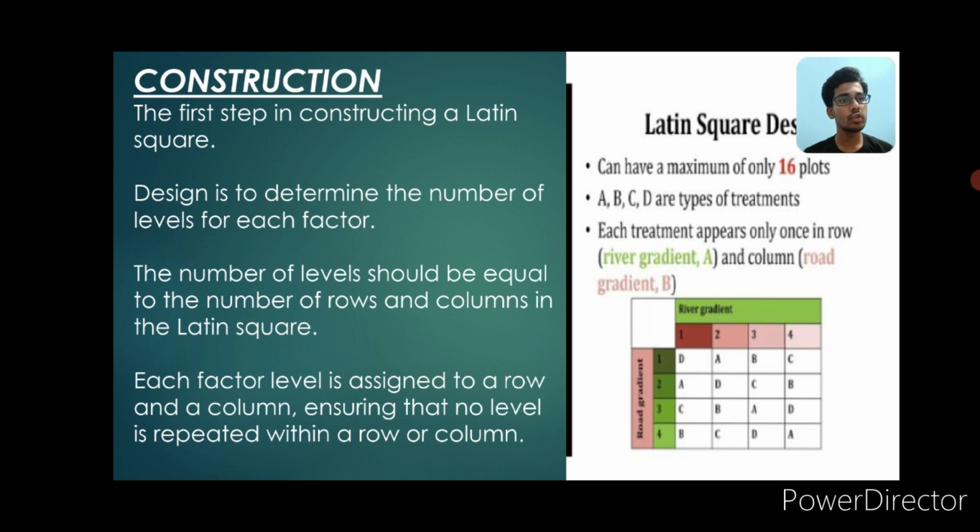Each factor level is assigned to a row and column, ensuring that no level is repeated within a row and column. There will be no repetition of the same numbers or symbols in rows and columns.